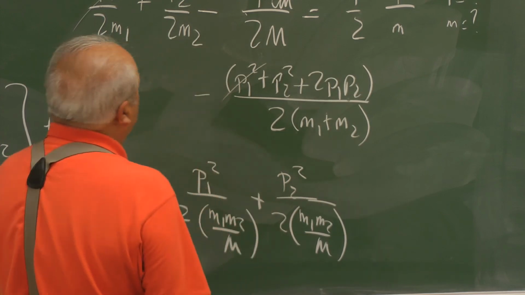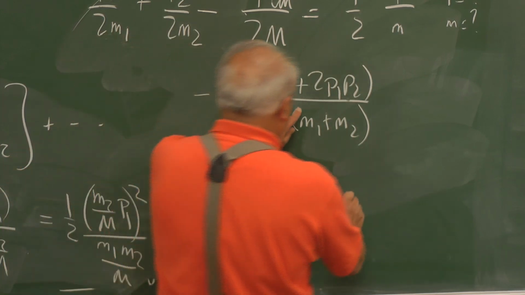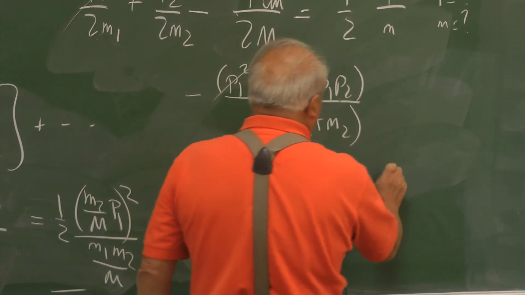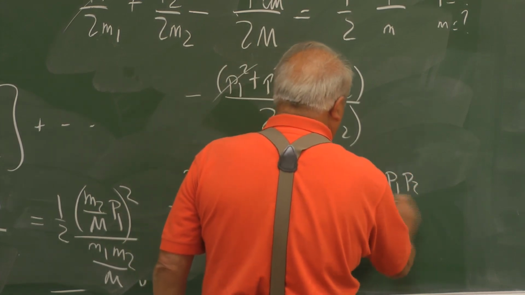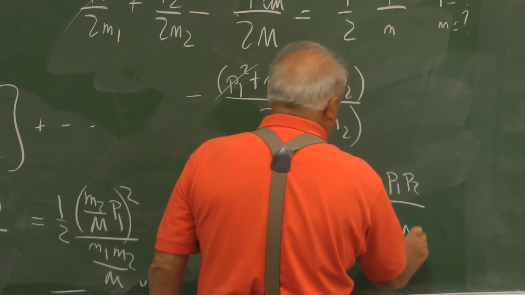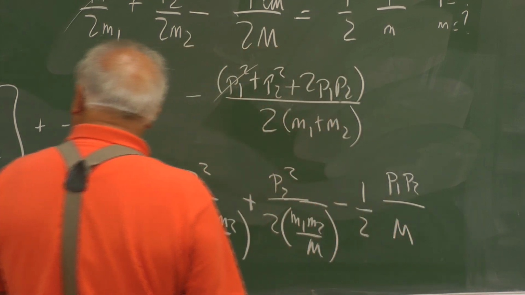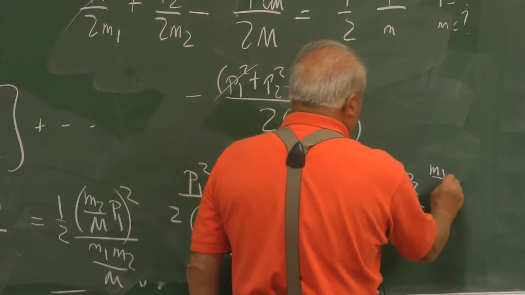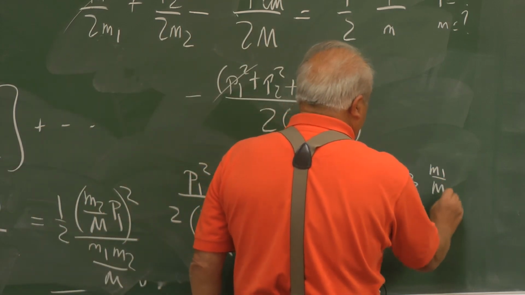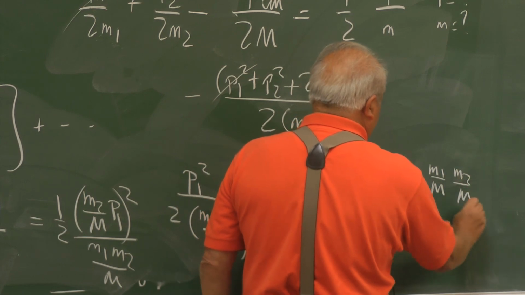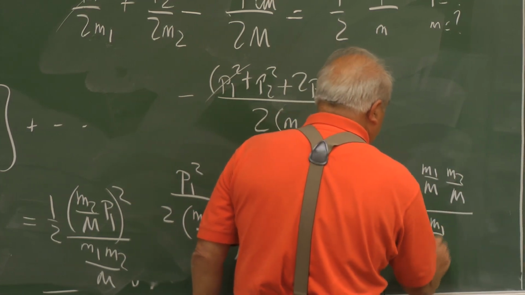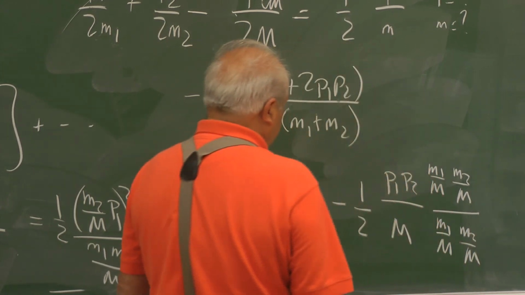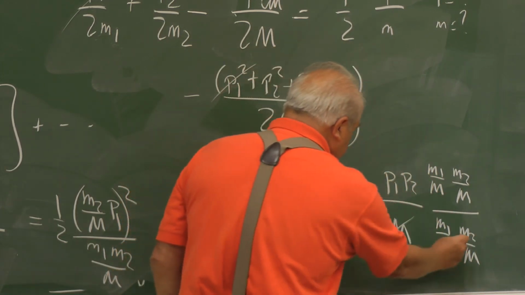Now the third term, minus 1 over 2, P1 P2 over M. And I multiply by M1 over M, M2 over M, and divide by M1 over M, M2 over M. And this thing cancels.